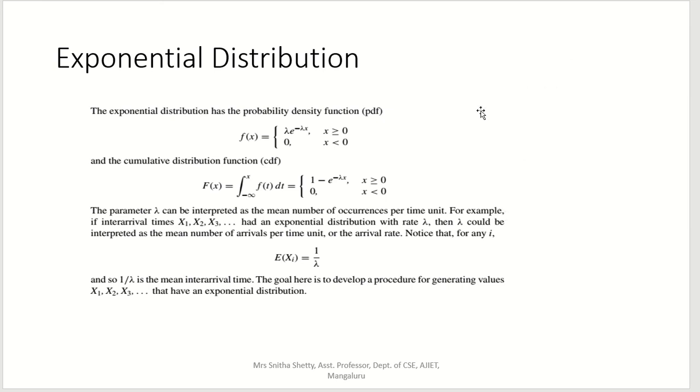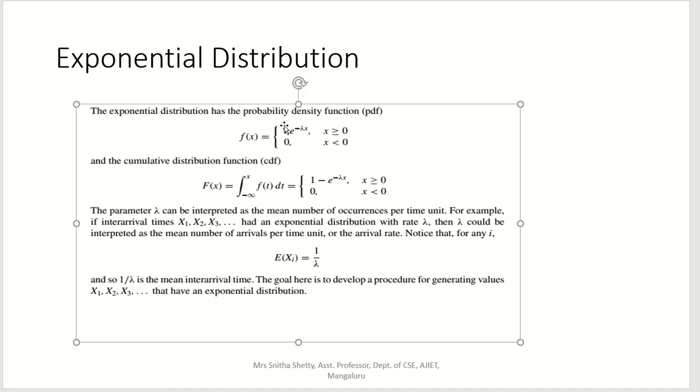In each distribution we are seeing the PDF and the CDF. Let's begin with the exponential distribution. The PDF, probability density function, is indicated by small letter f of x, and the cumulative distribution function is indicated by capital letter F of x.